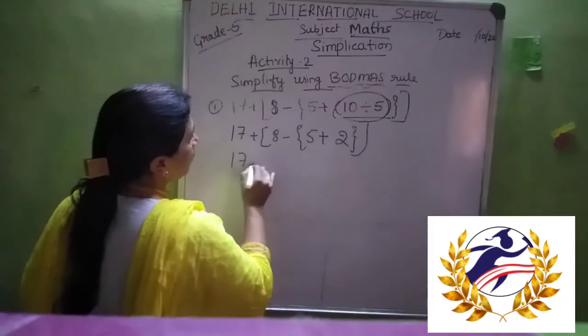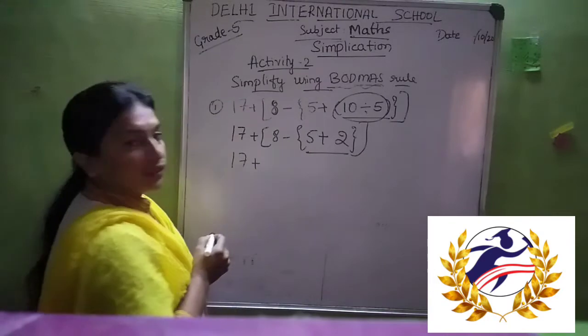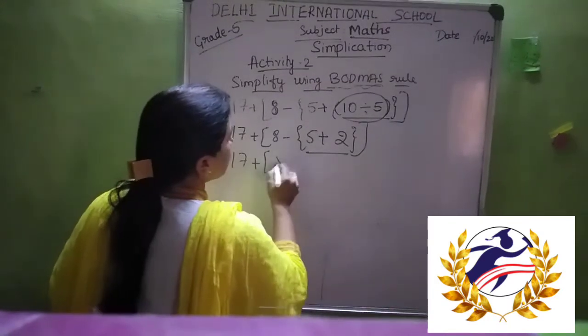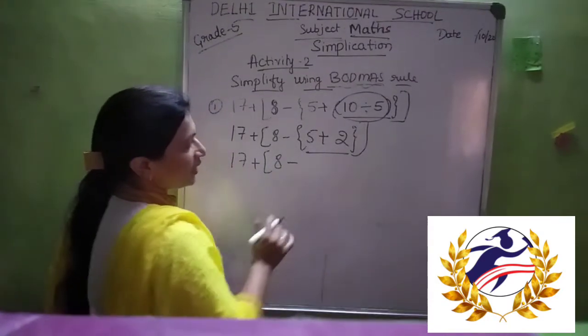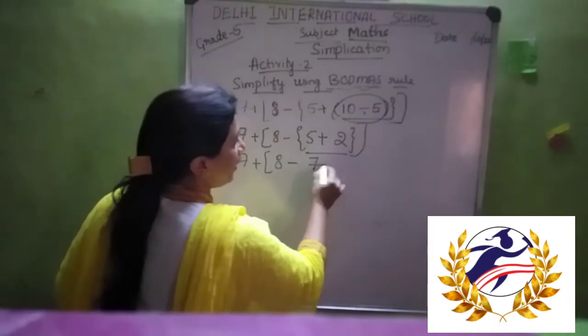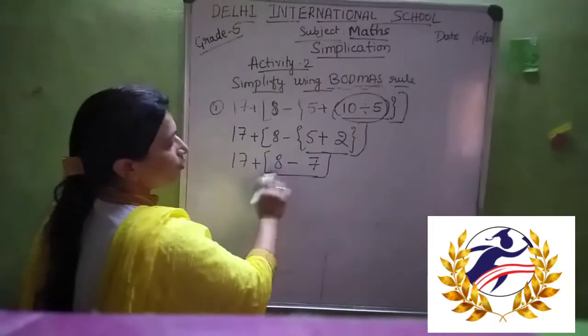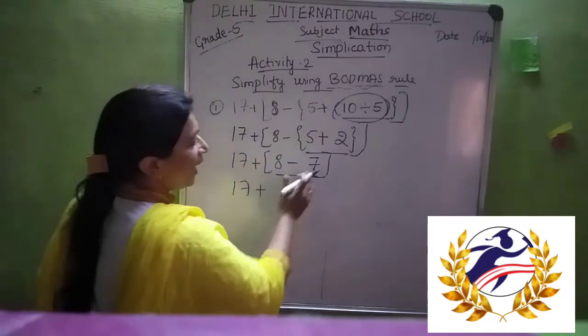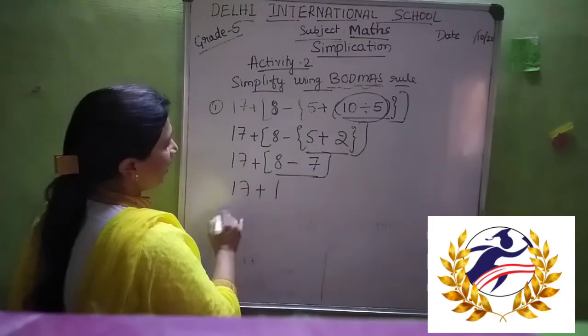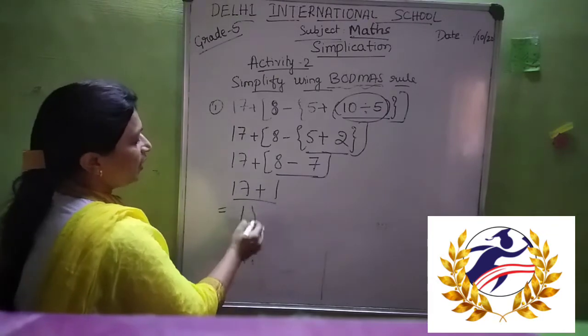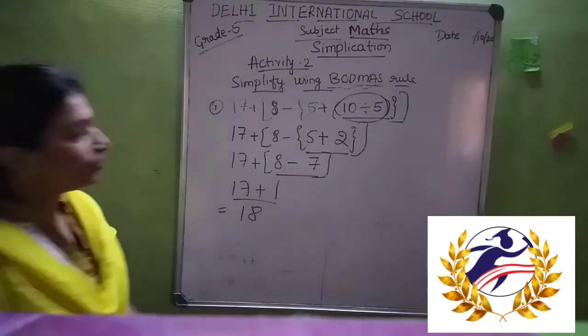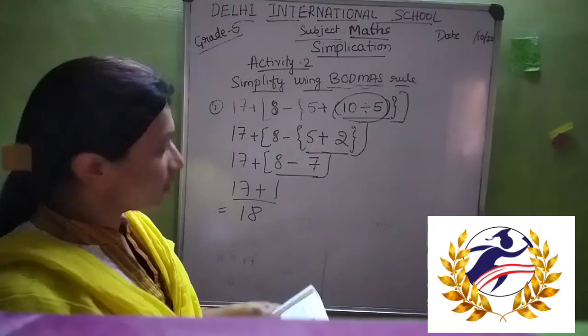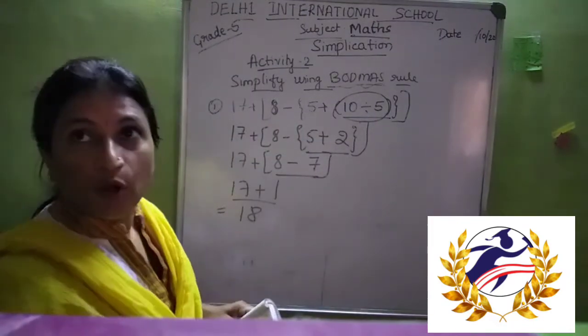Then we take the one inside the bracket: remaining 8 minus, I will write as it is, and 5 plus 2 is 7. Then I need to solve this bracket: 8 minus 7 is 1. Then at last 17 minus 1 is 16. This is how we have solved the problem by following the BODMAS rule.